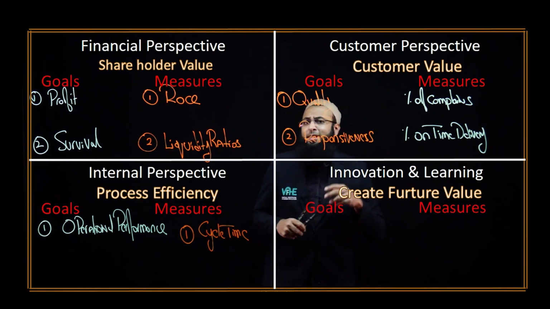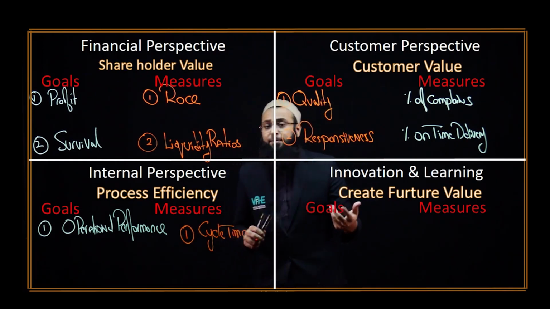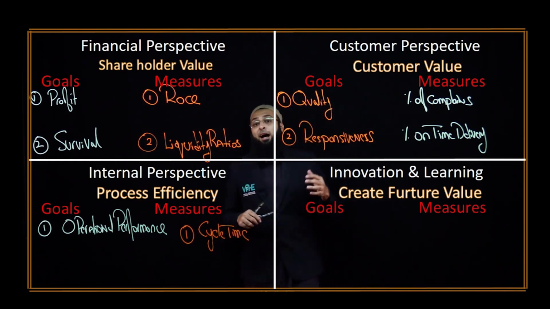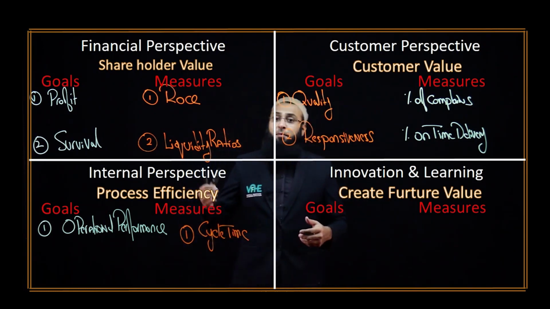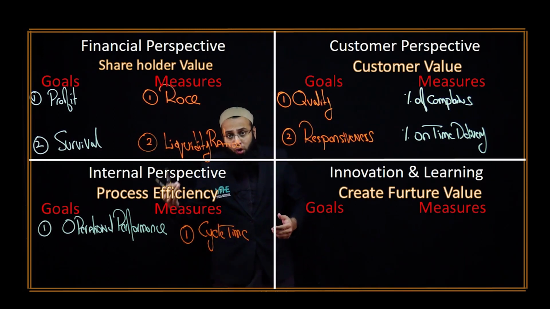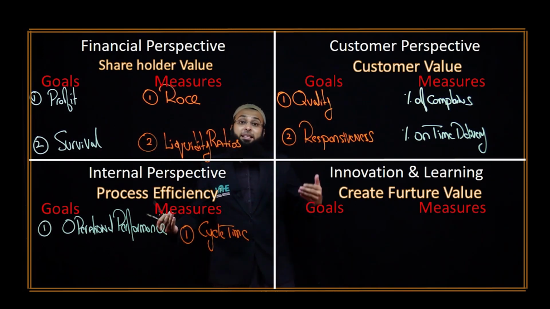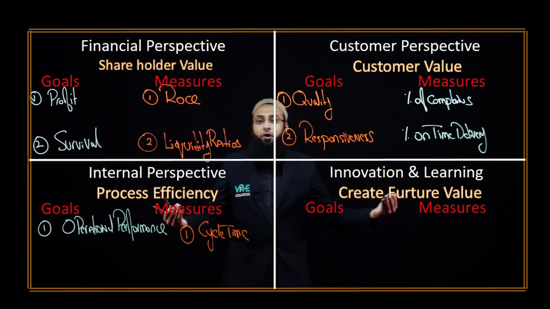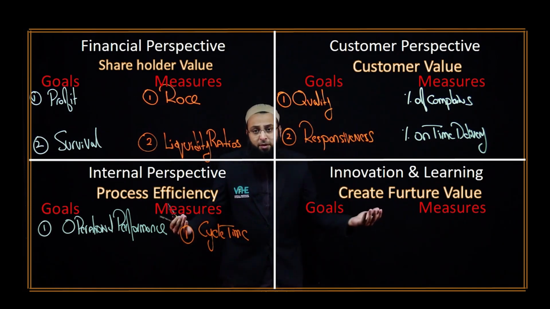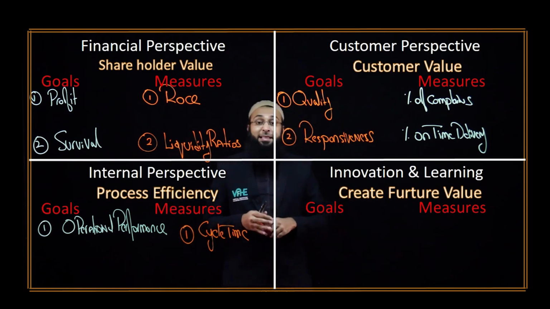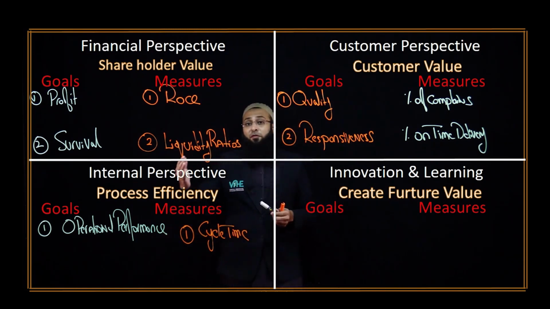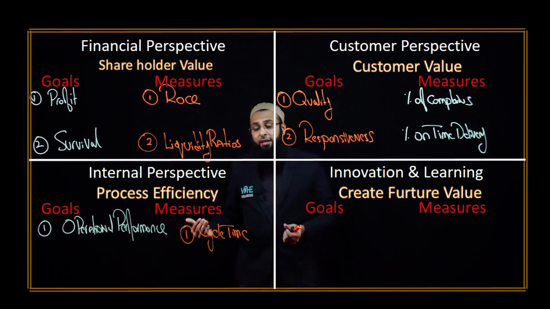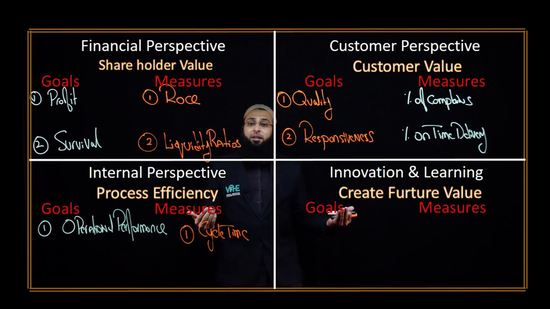What does cycle time actually mean? Cycle time means how many days the business takes once they receive the order from the customer till they deliver the order to the customer. So cycle time indicates the days, for example, the company is taking from taking the order and delivering that to the customer.